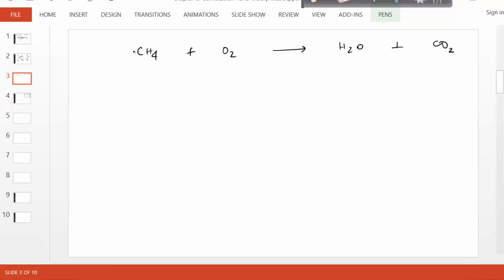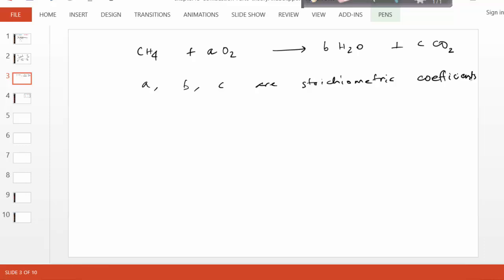You always assume the fuel to be 1, and we don't know the stoichiometric coefficients, so we'll write A, B, C. These are called stoichiometric coefficients. So our goal is to find A, B, C.